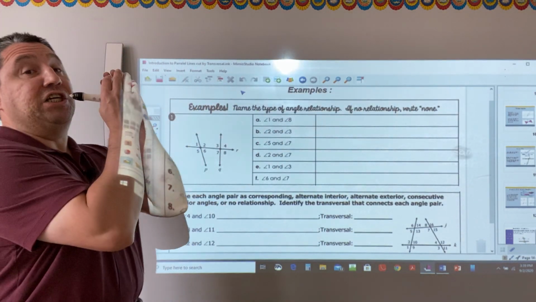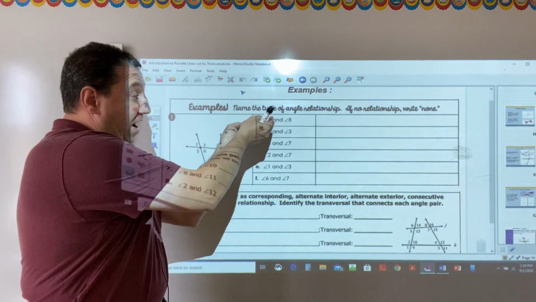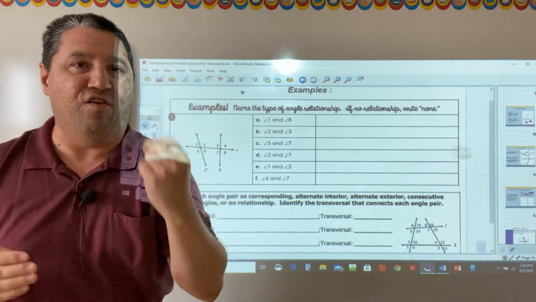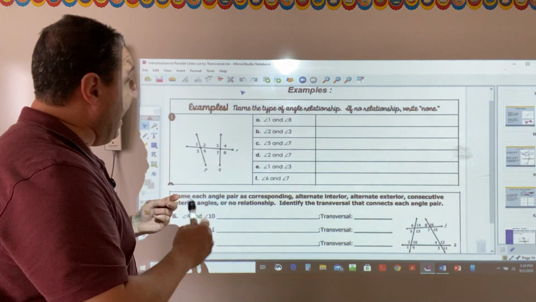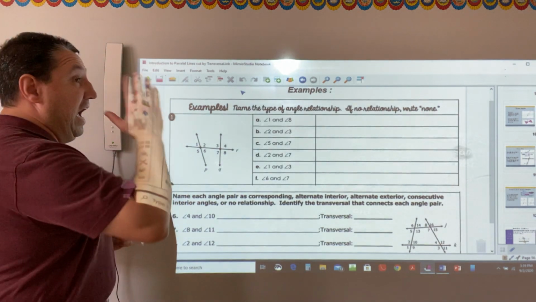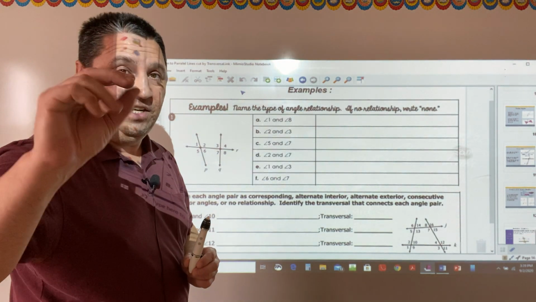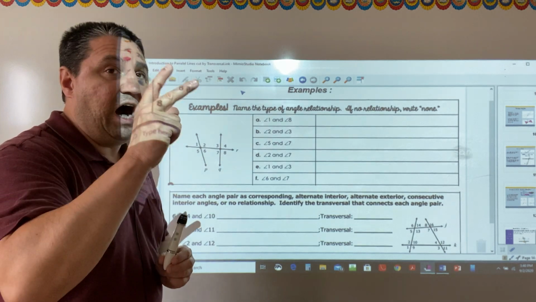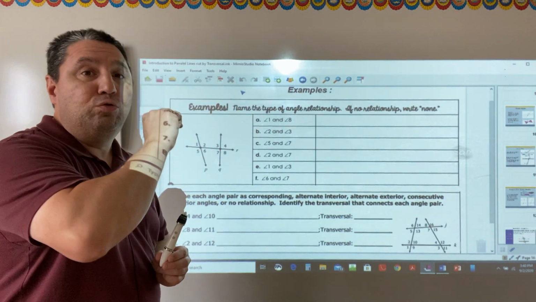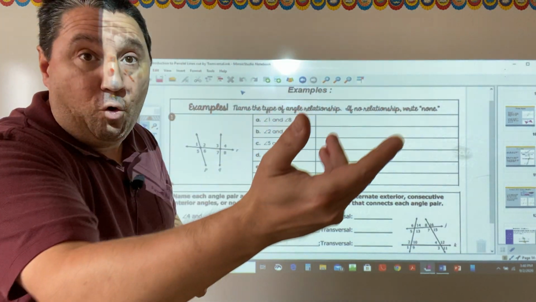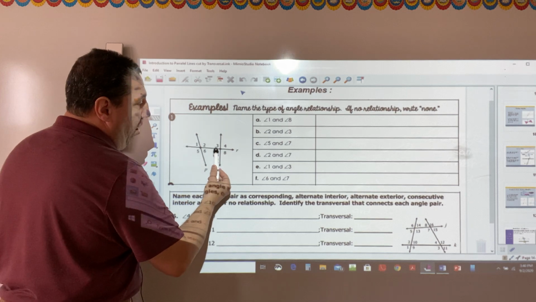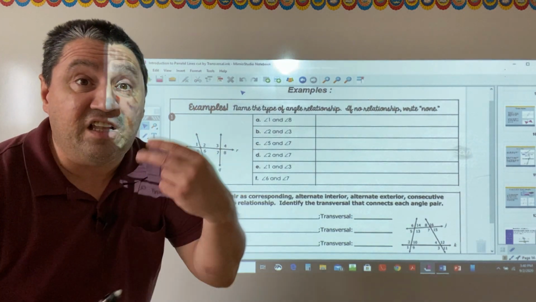Now, in order to find the right name, first we have to identify the transversal, and then the other two lines cut by transversal. As we know, a transversal is a line that cut two lines or more in two or more different points. In this case, line R is the transversal.